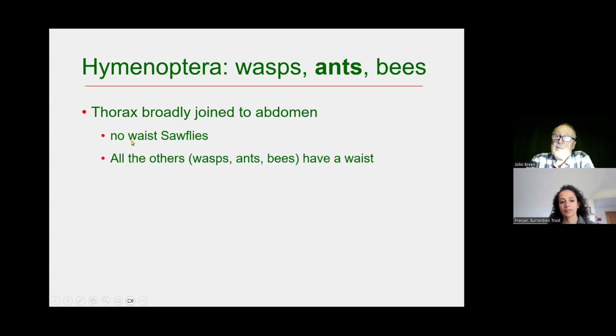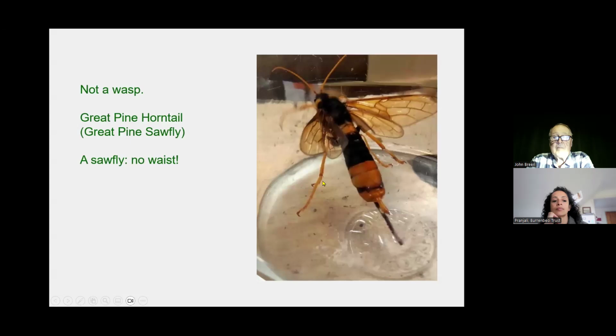One group, the sawflies, don't have a waist, but all the others have a waist, and that waist is actually located within the abdomen. So this is a sawfly, the great pine sawfly or great pine horntail. And if we look here, she doesn't have a waist.